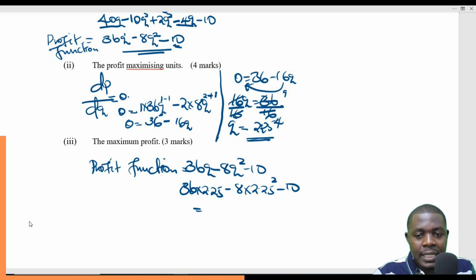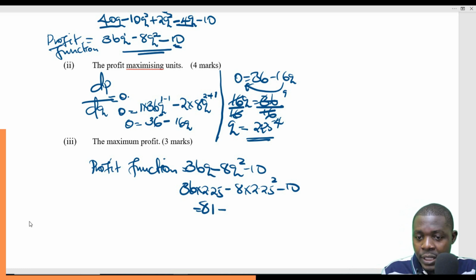What do you get? 36 multiplied by 2.25 gives 81, minus 2.25 squared, then we multiply by 8 and we get 40.5.